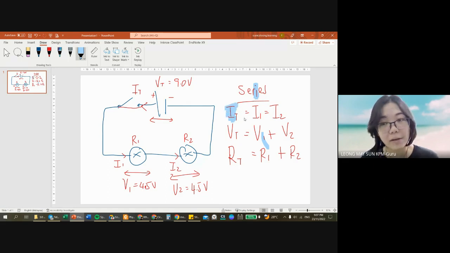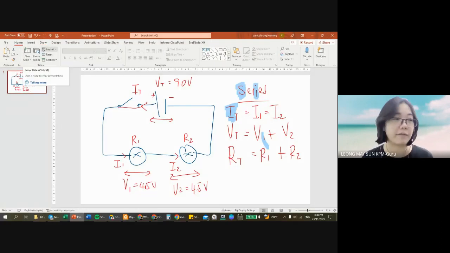The total current flowing in the circuit is the same as the current entering the first resistor, and it's the same amount of current that enters through the second resistor. So the current in series circuit is the same. So IT equals I1 plus I2. That is how I memorize my series circuit. Later on, I'll give you a summary. I hope this one you guys are clear.